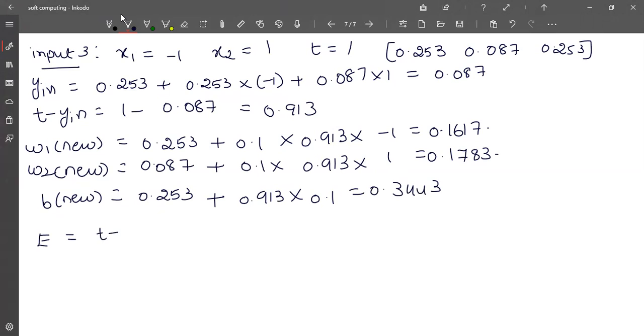And error value. So T minus Y whole square, 0.913 square, that is 0.834.